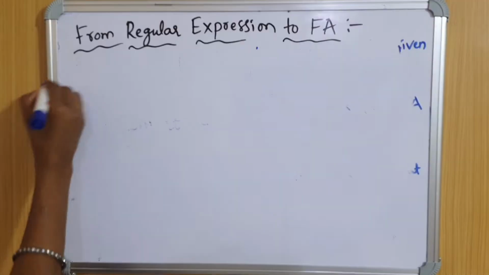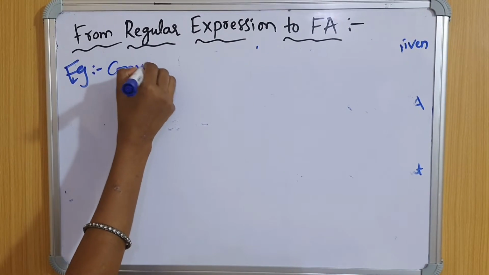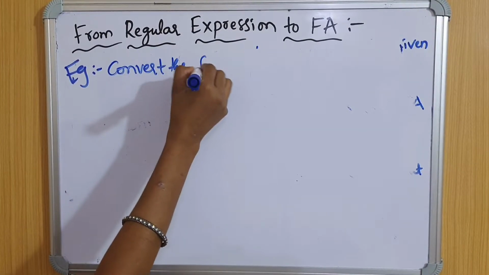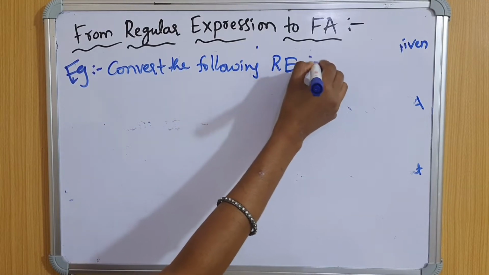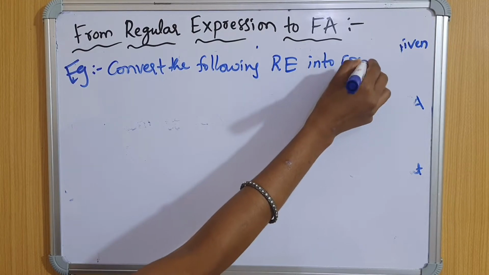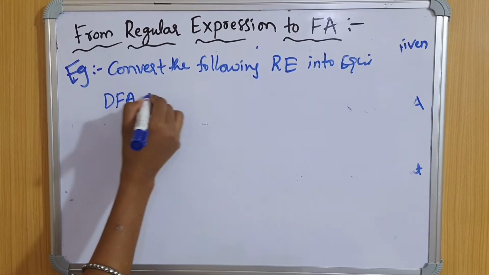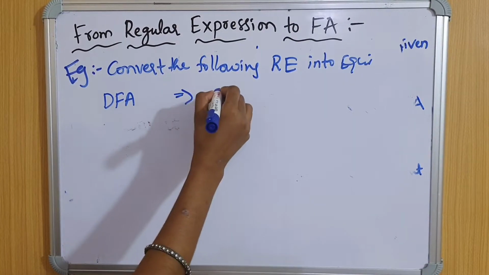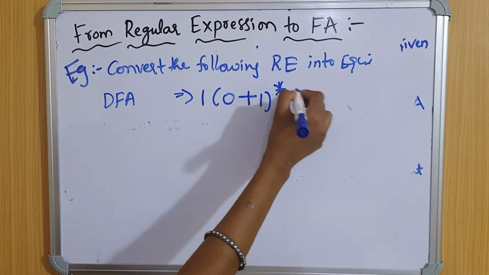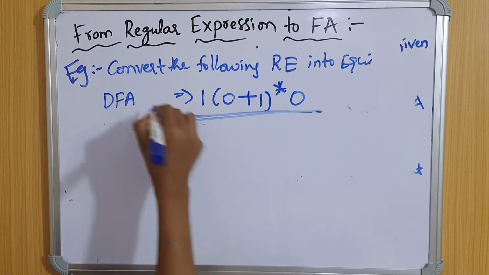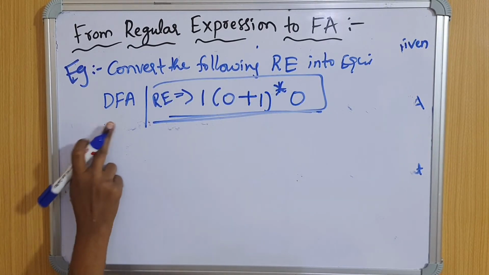My problem is to convert the following regular expression into an equivalent DFA. The given regular expression is 0 (0+1)* 0. We have to convert this regular expression to a DFA.